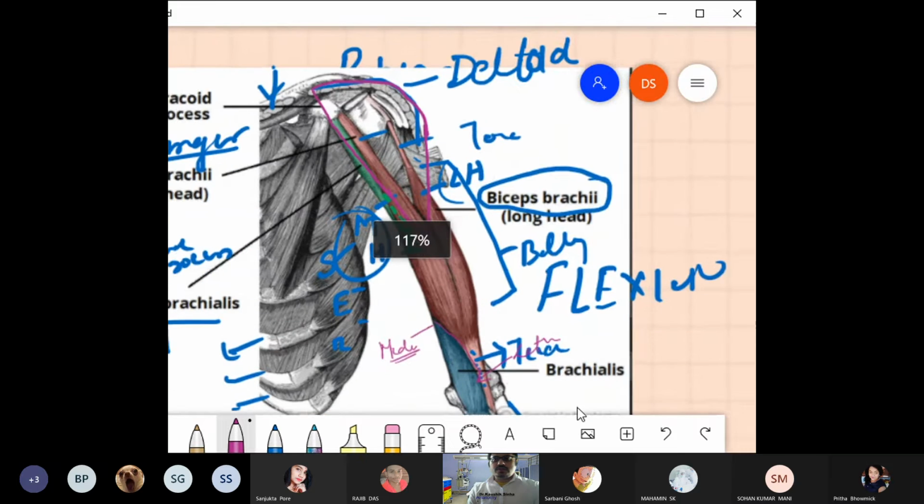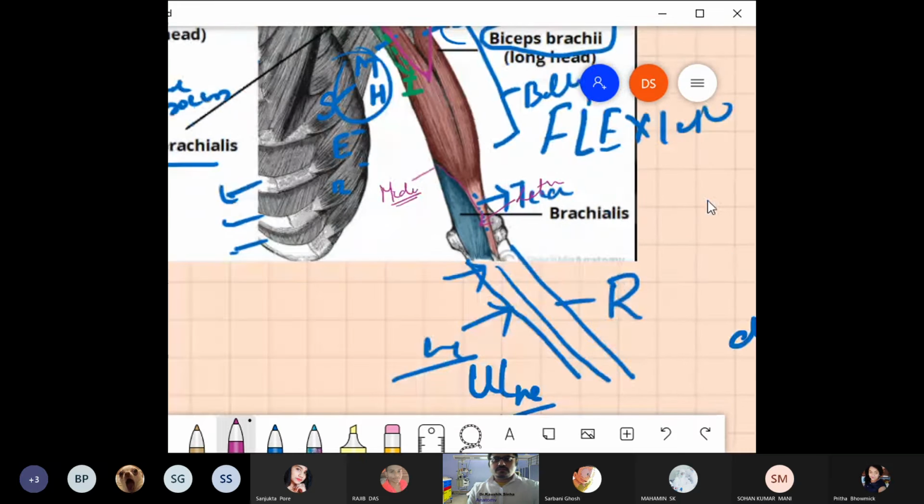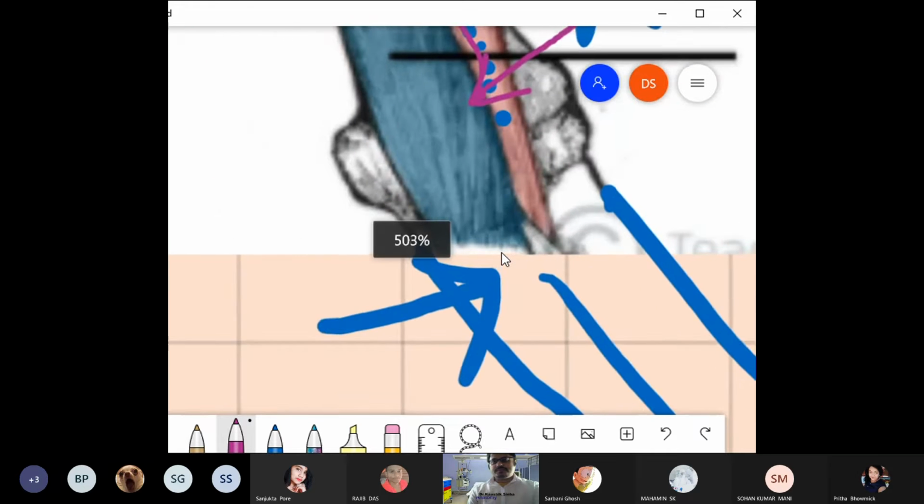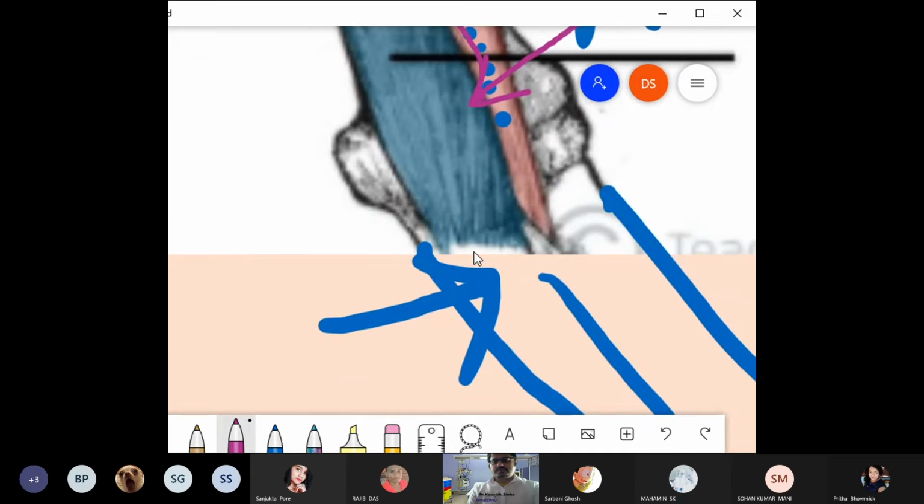Where is the insertion? Which bone is this brachialis inserted into? Look and tell. Radial. Radius, is it?